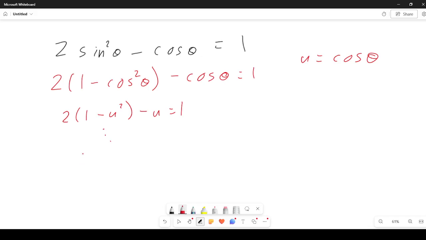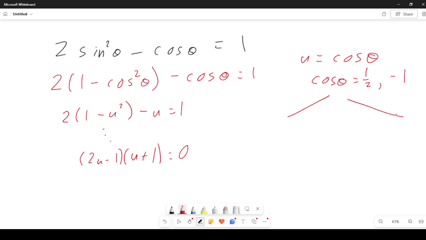It factors again into (2u minus 1)(u plus 1) equals 0. So that means this time cosine is either 1/2 or negative 1. And so we split into those two separate cases. If cosine is 1/2, then on the unit circle, it could be pi over 3, and also negative pi over 3.